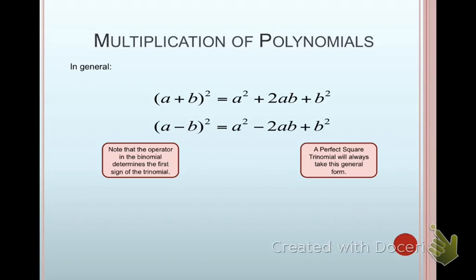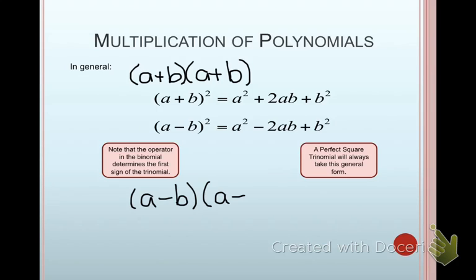Now, realize that sometimes you will see a plus b squared or a minus b squared. Sometimes you will also see it written as a plus b times a plus b, and sometimes you will see it as a minus b times a minus b. So there are a number of ways that you could see this.